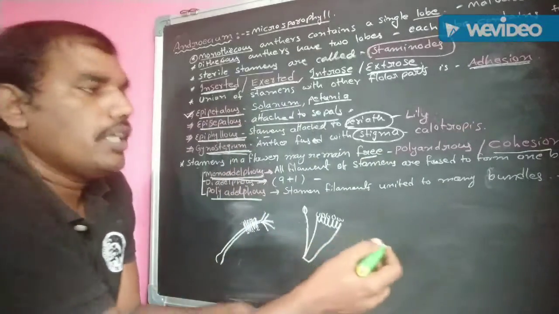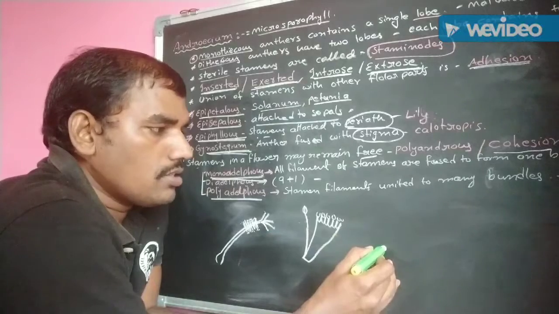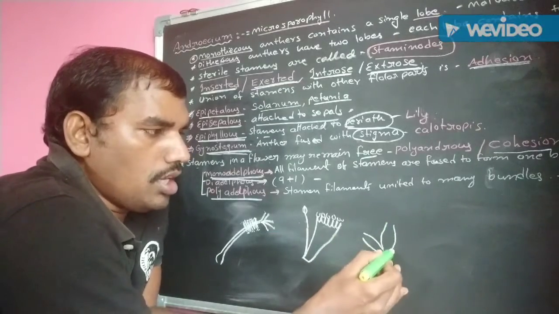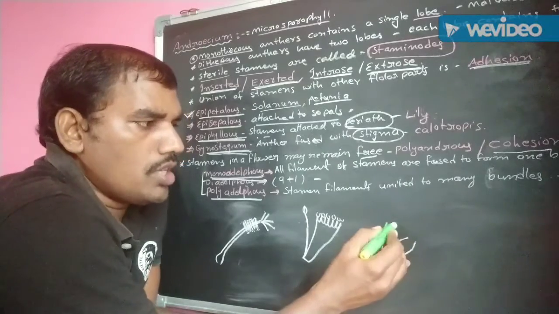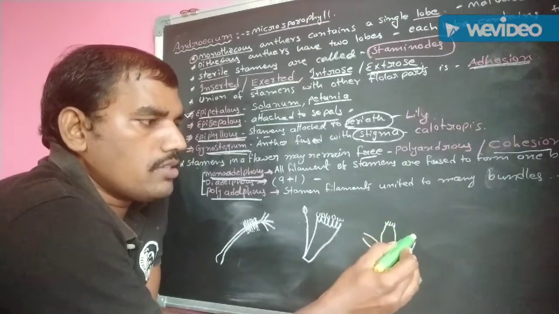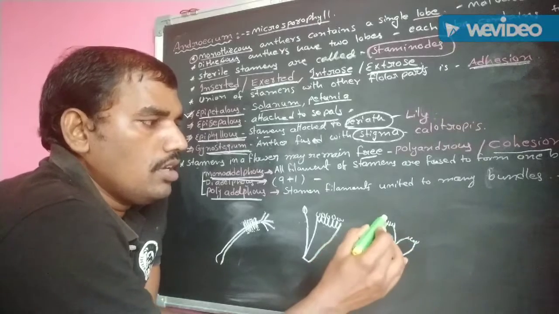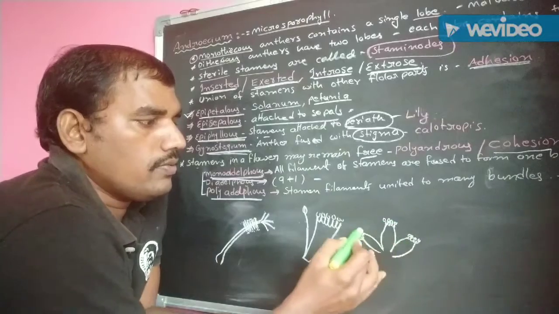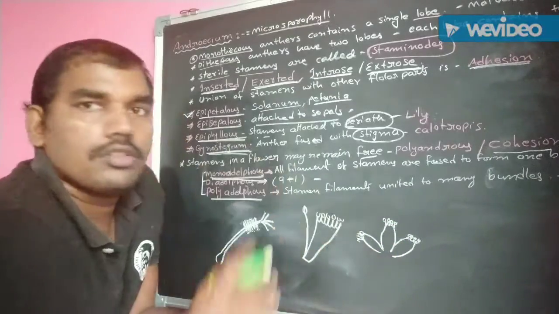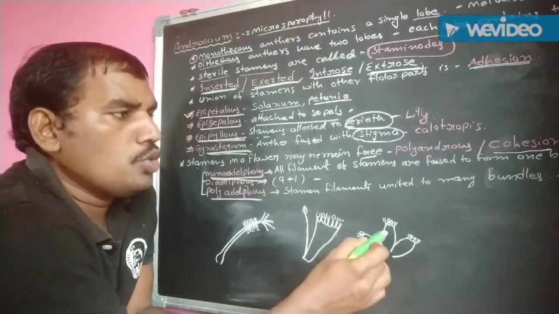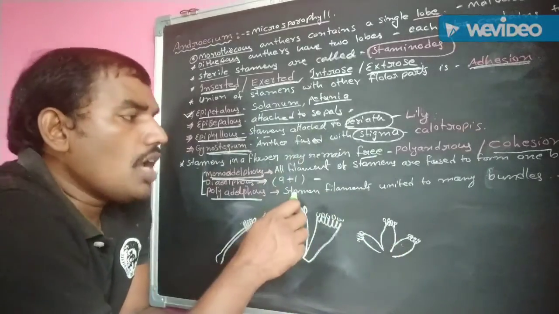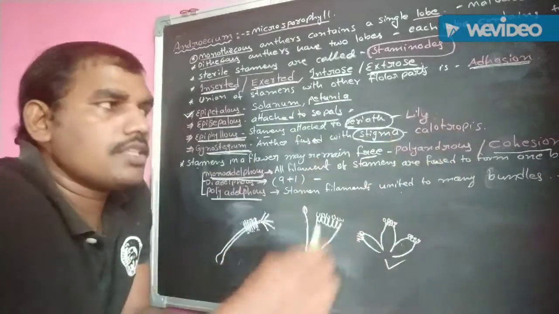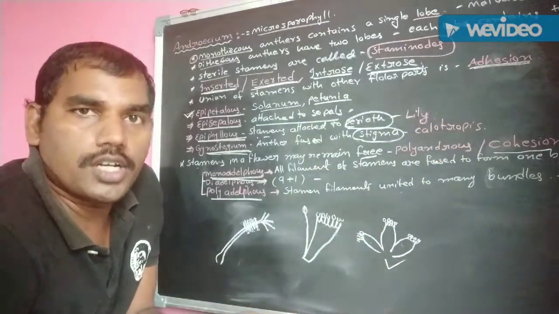You know, citrus species shows 3 or more than 3 bunches. Each bunch consists of more than 5 stamens. In this way, filaments united into many bundles is known as polydelphous. Example, citrus.